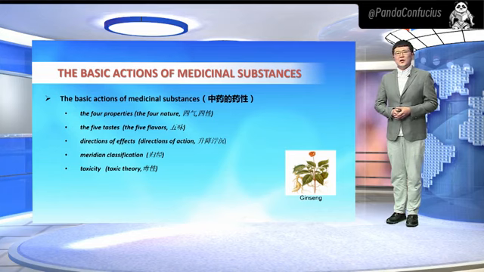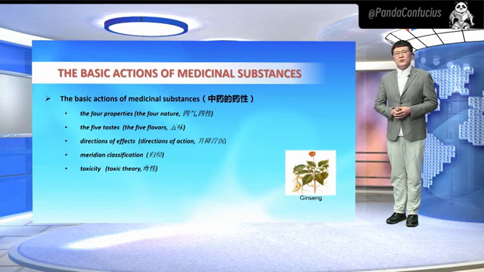They are important parts of the theoretical system of TCM, which generalize the nature and the characteristics of the actions of Chinese materia medica, and are based on the reaction of the body after medication. The basic actions of medicinal substances are the basic principle of Chinese materia medica.